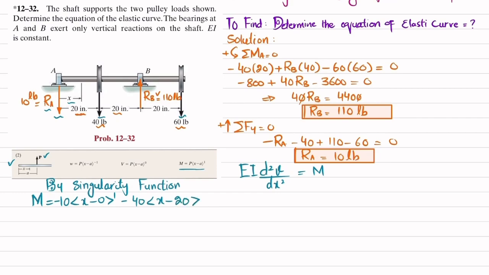Clear? The third force that is acting is this one, which is upward, and this force is also upward, and this distance is 40. So we will write it plus 110 into x minus 40 power 1, and we will neglect the value from the right-hand side, because it will give you 0 value.